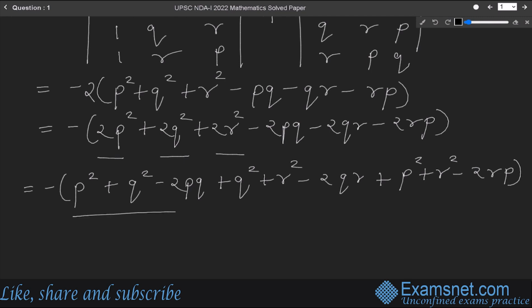Now this forms an identity, again this forms an identity and again this forms an identity. So since they are identities, their solution will be positive. But you can see that before the bracket there is a negative sign. So our final answer will be negative.